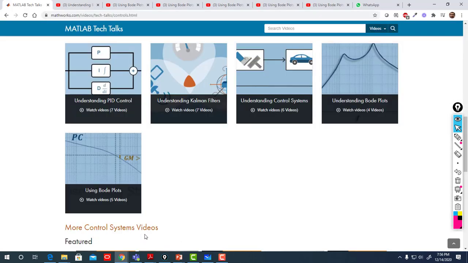Students, so now we will continue recording a controller system design using Bode plot or frequency response analysis. Last lecture I was mentioning understanding Bode plot, and in today's lecture I'll mention this video series using Bode plot.